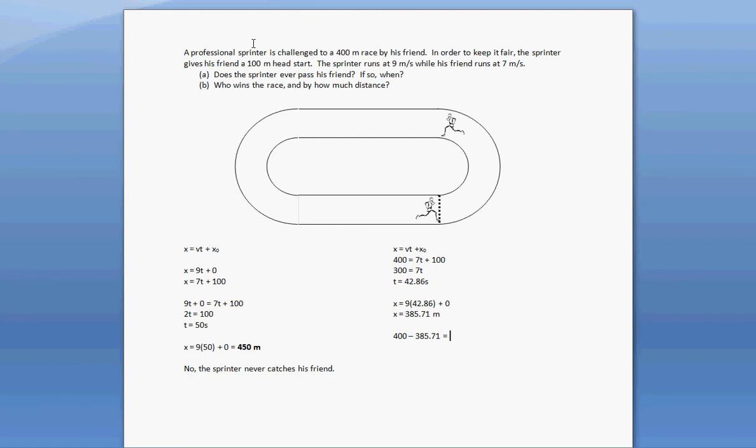So we can find out by how much distance his friend wins the race. So that's a difference of 14.29 meters. So the friend wins the race by not much, 14.29 meters.